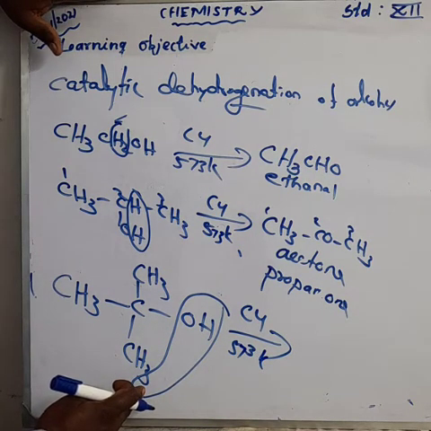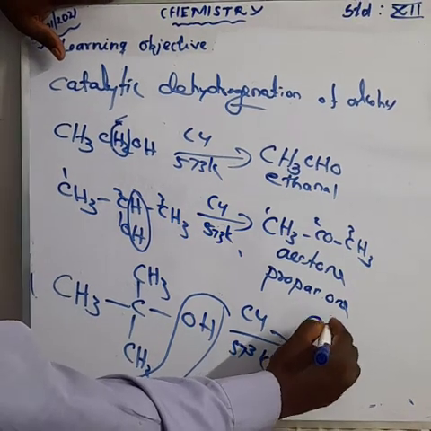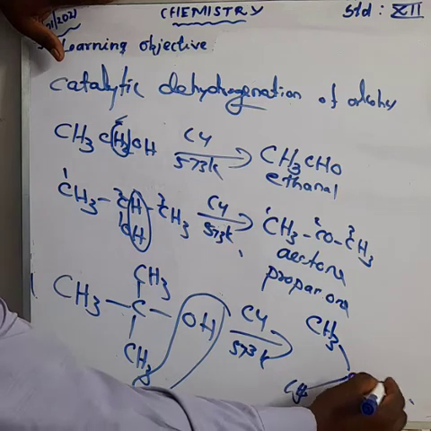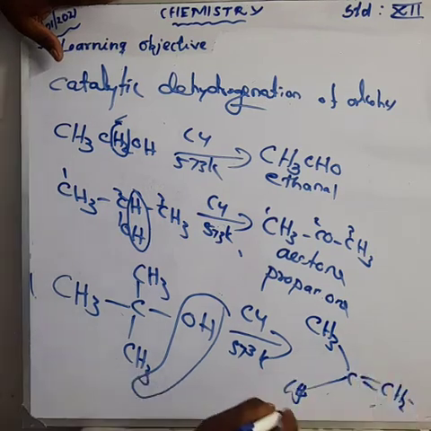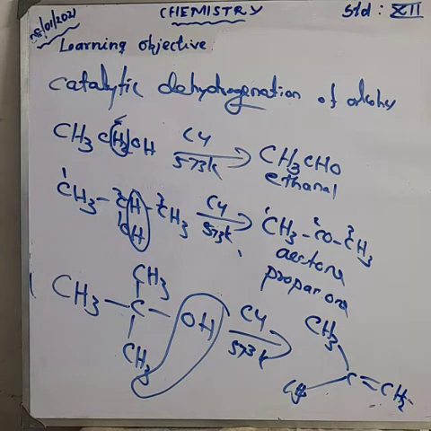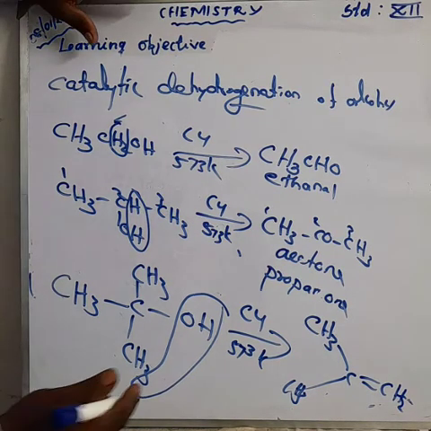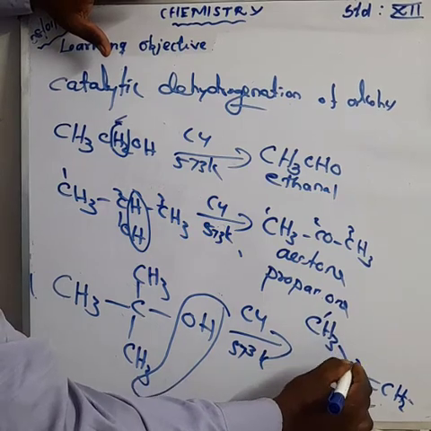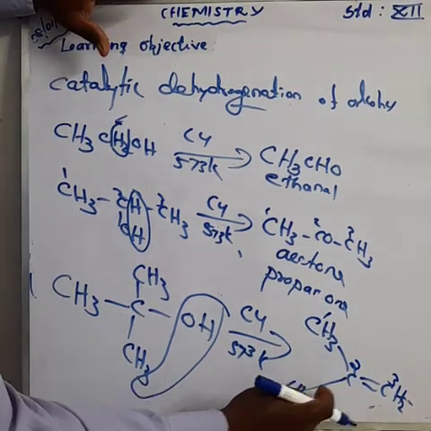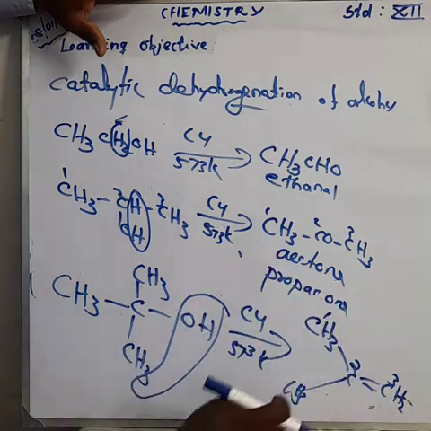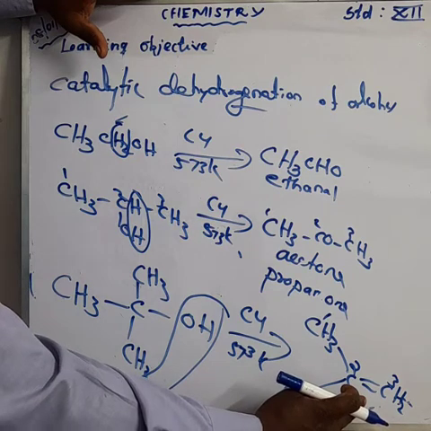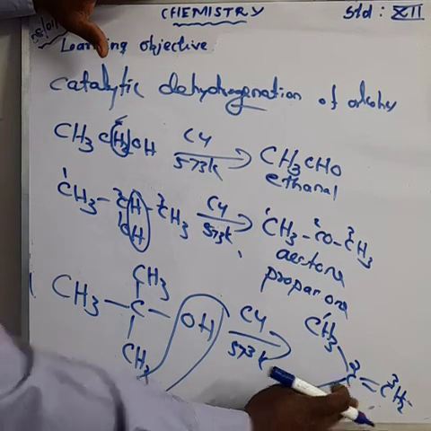So we get isobutylene, written as (CH3)2C=CH2, otherwise called 2-methylprop-1-ene. The second carbon has a methyl, so 2-methyl; number of carbon is 3, so prop; and it has a double bond, so ene.